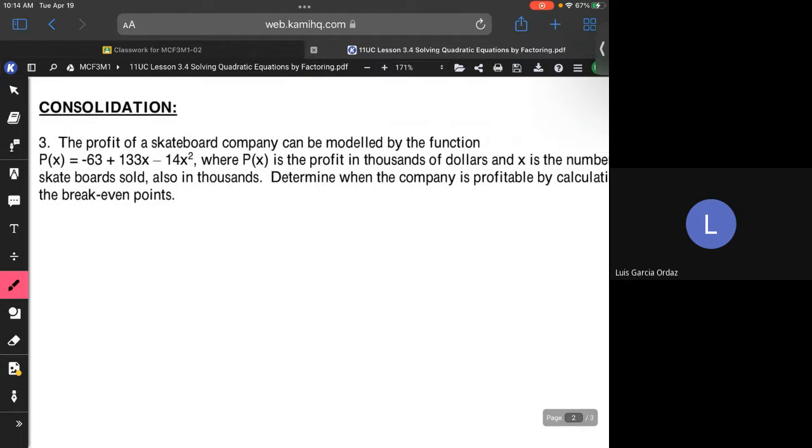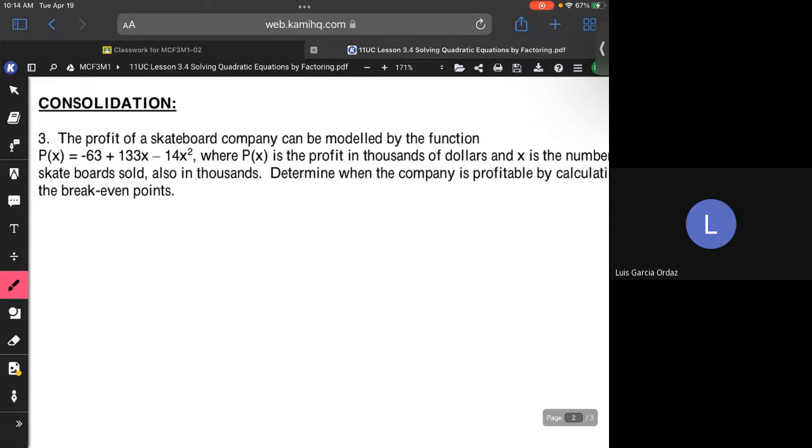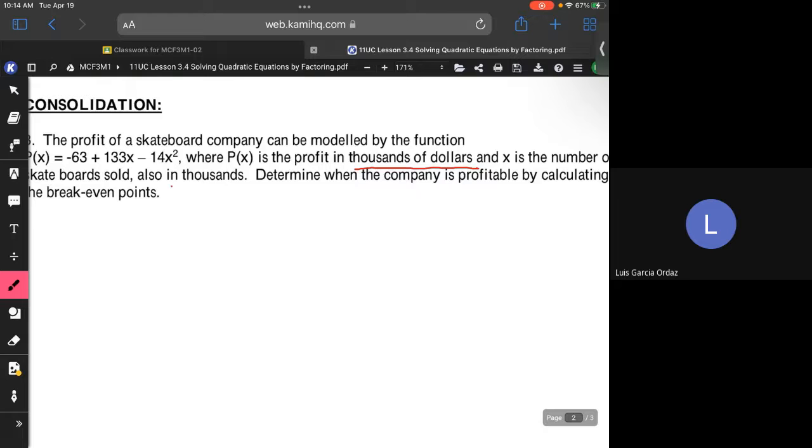Now we have a word problem. The profit of a skateboard company can be modeled by the function P of X, so profit is equal to negative 63 plus 133X minus 14X squared, where P of X is the profit in thousands of dollars and X is the number of skateboards sold in thousands.